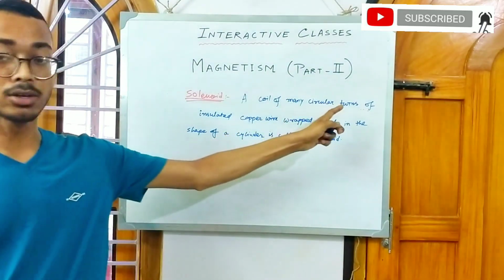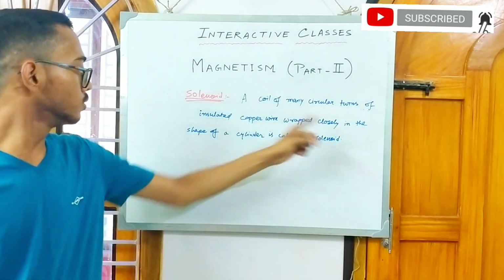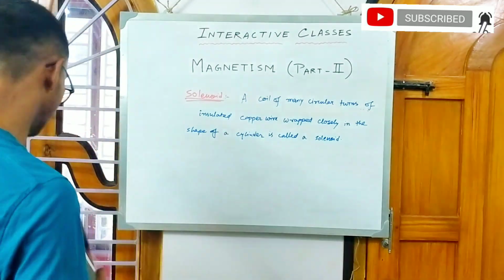A coil of many circular turns of insulated copper wire wrapped closely in the shape of a cylinder is called a solenoid.